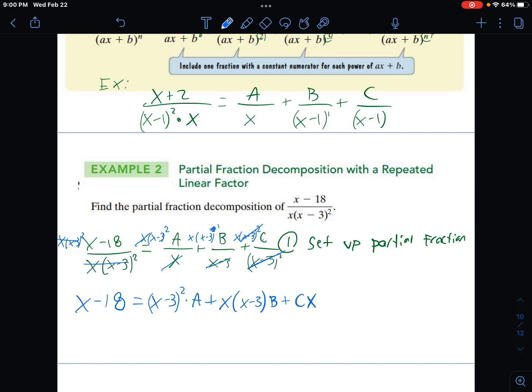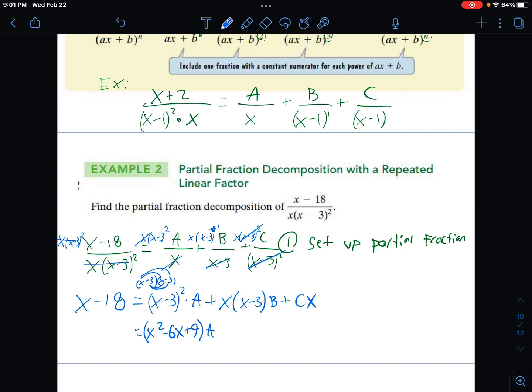Okay, this is going to require us to do a tad bit of algebra. Okay, first off, x minus 3 times x minus 3. This is going to give us x squared minus 3x minus 3x, so minus 6x plus 9 times a. Okay.